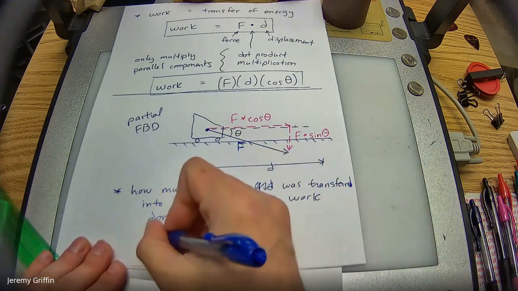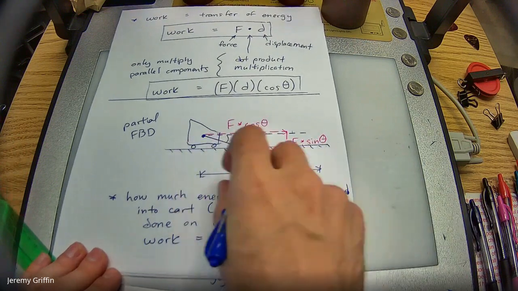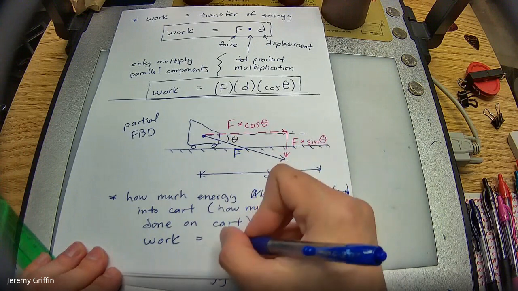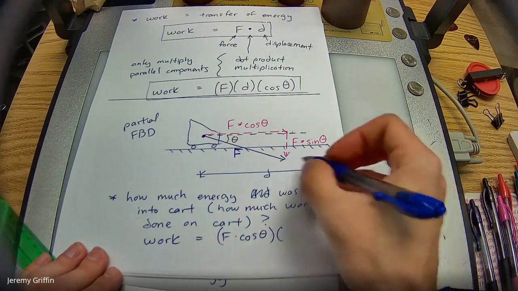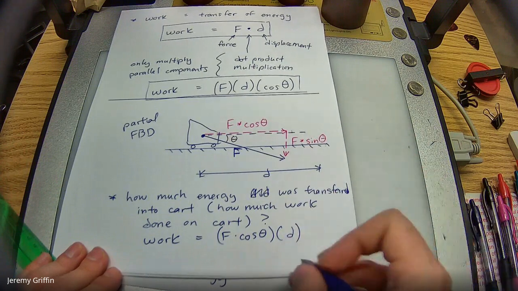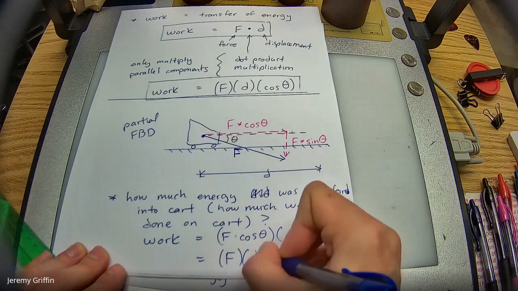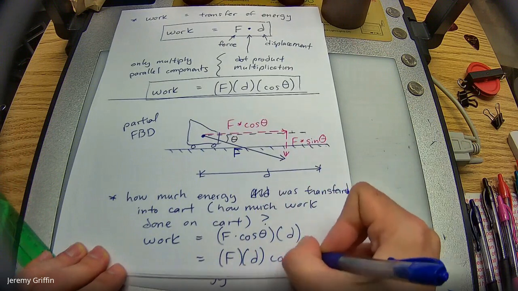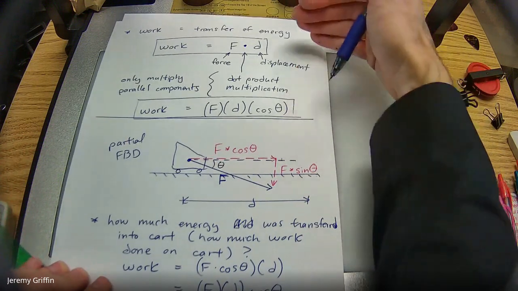I'd say, well, work is equal to just the cosine component of the force, so F cosine theta, multiplied by the distance it was moved, which is d. And oh, hey, look at that. That's the same thing as F times d times cosine theta. Just shuffle things around a little bit, which is the same thing as the definition of work I gave you up here, which is this dot product.